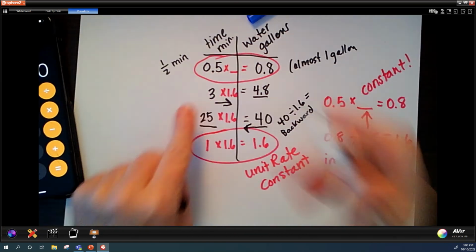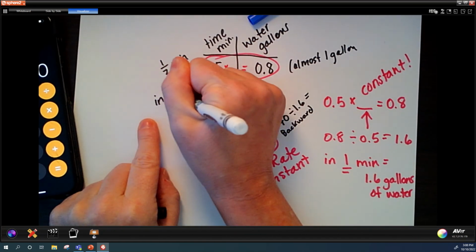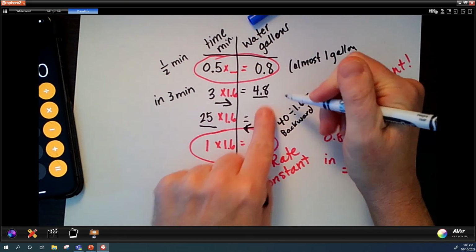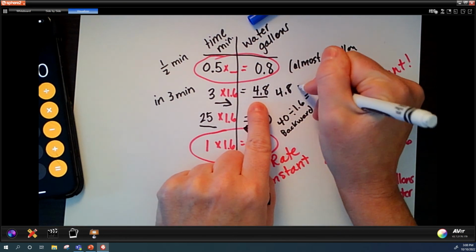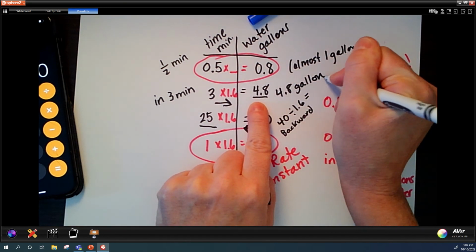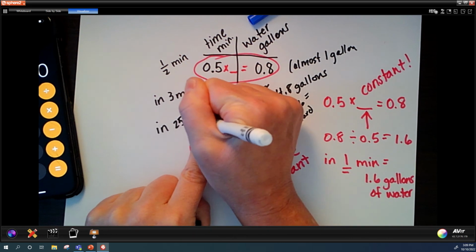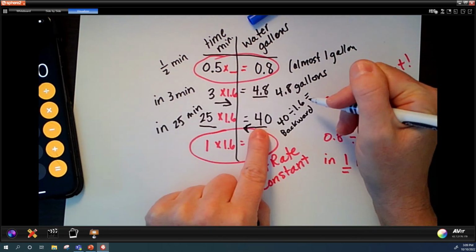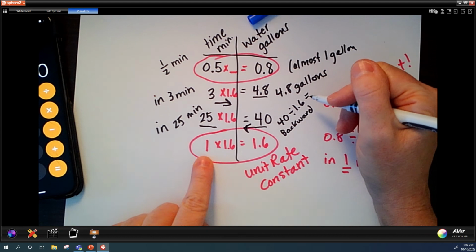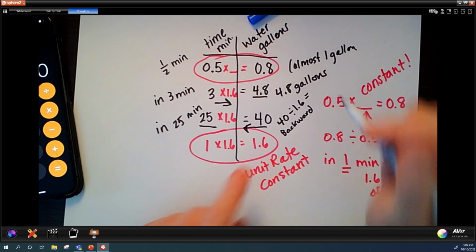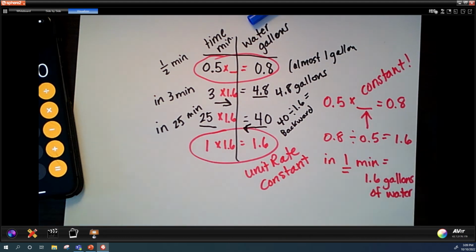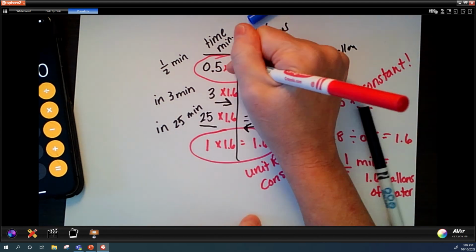So in 3 minutes, she will fill 4.8 gallons in her fish tank. In 25 minutes, she will fill 40 gallons. In 1 minute, she will fill 1.6. Okay? So the key again is trying to find the constant.